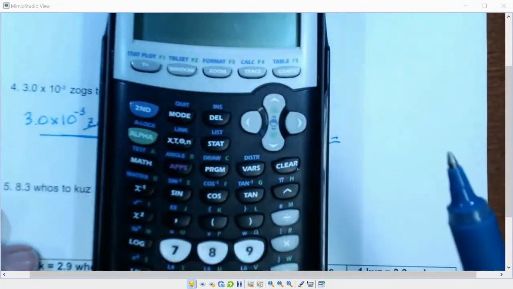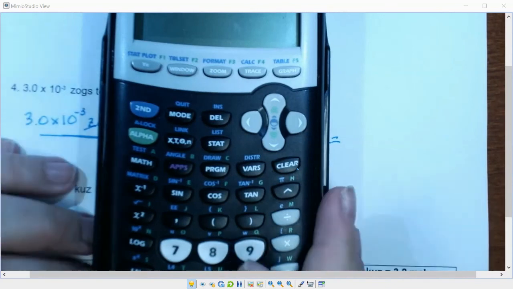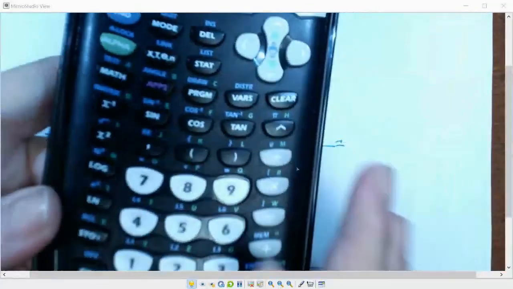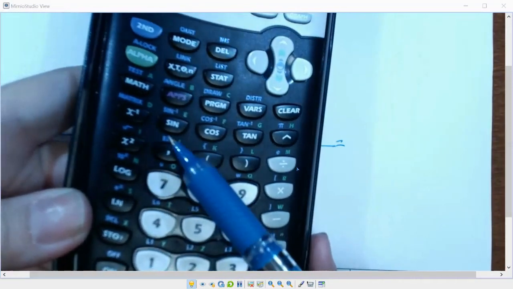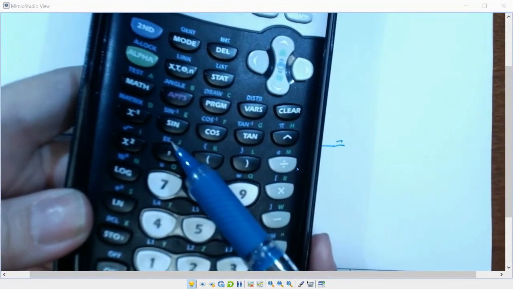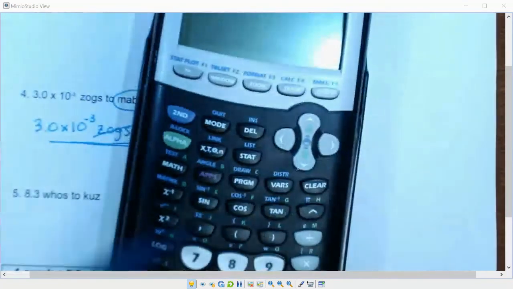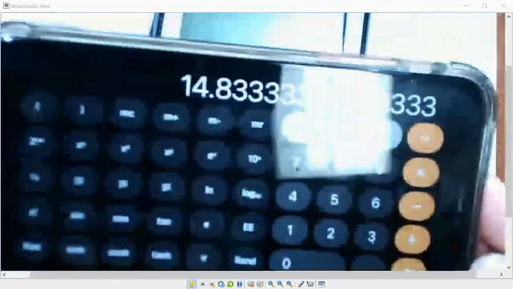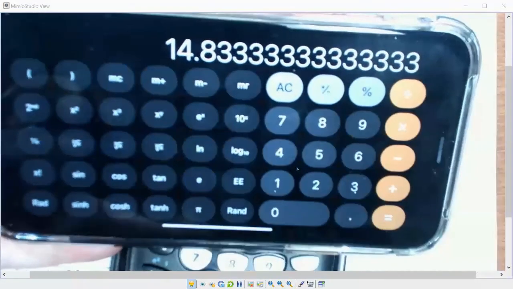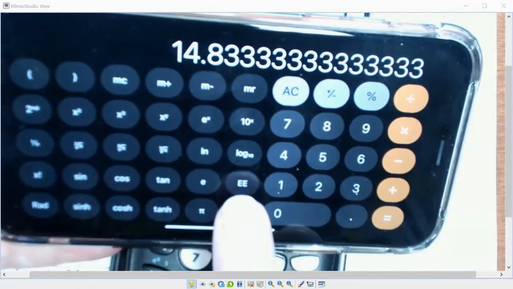If you have a graphing calculator or just a regular scientific calculator, you should have some button on there. I'm sorry, it's a little blurry. That looks like a double E. If you're using your phone, I'll show you this. Most phones, if you turn them into landscape, will have that double E button right there.